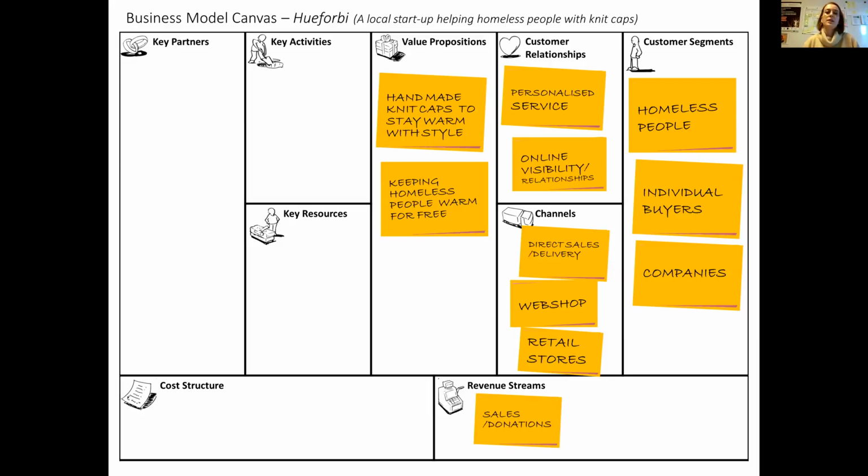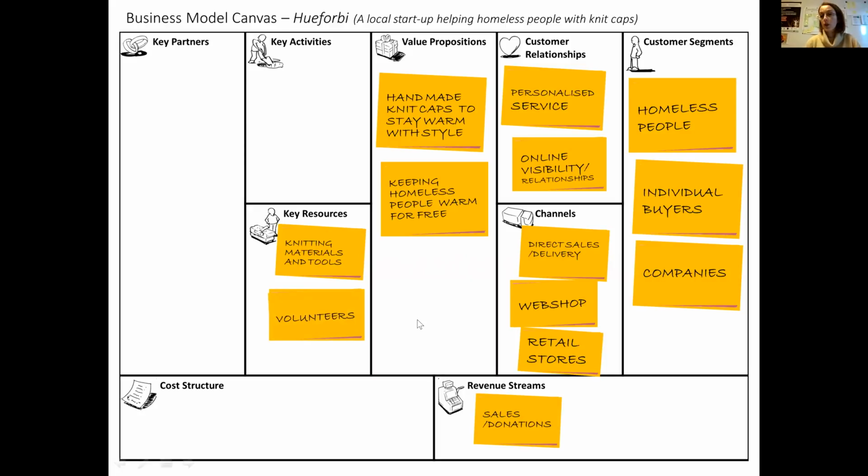Yes, let's have a look at what I have here. So I put knitting materials and tools, you know, the needles, threads, and methods to do it. These are our main resources to produce the knit caps. And also, as Panagiotis said, volunteers.